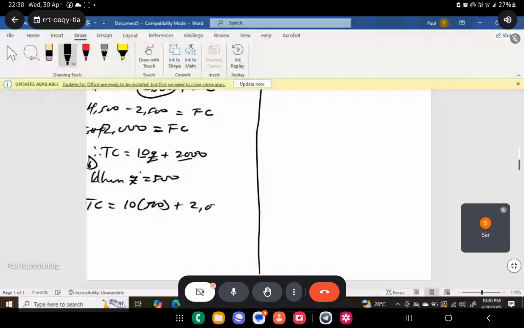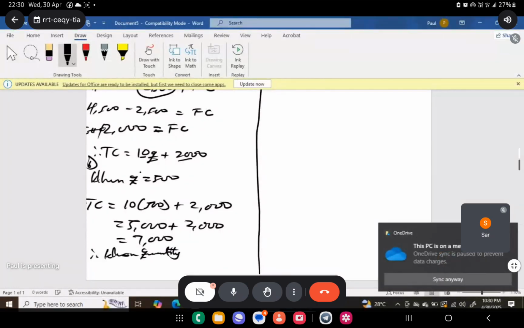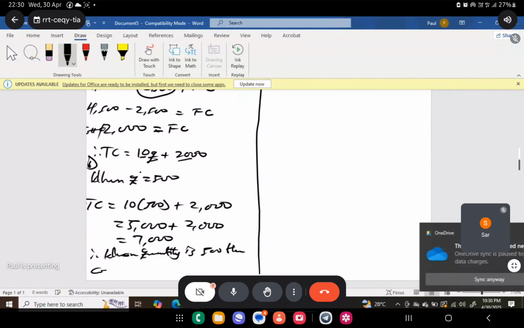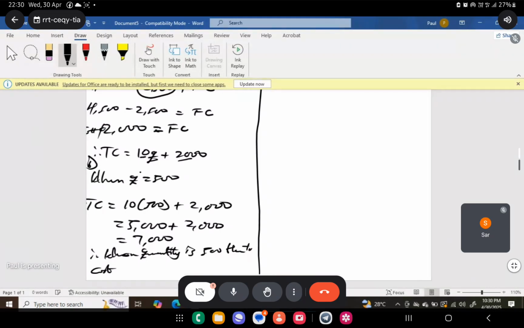So here we get 5,000 plus 2,000 being equal to 7,000. So therefore, when quantity is 500, the total cost will be 7,000 Ghana cedis. Please, you understand?